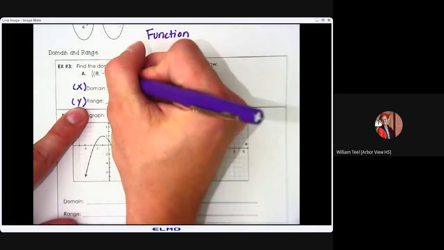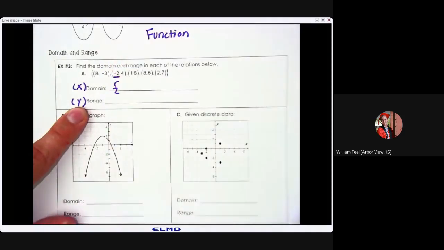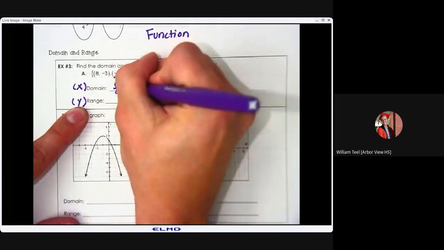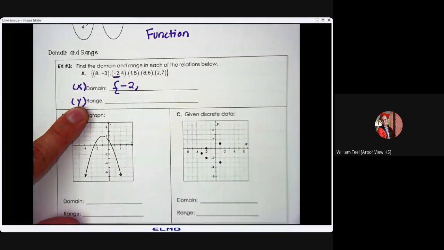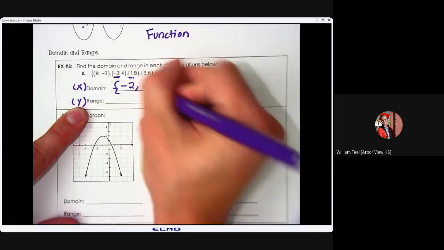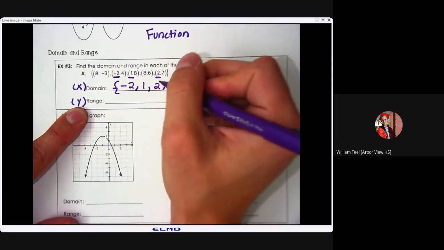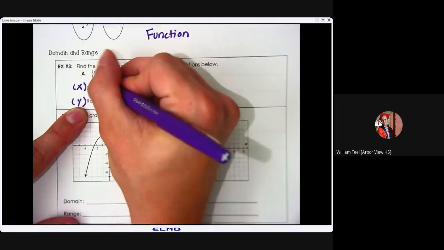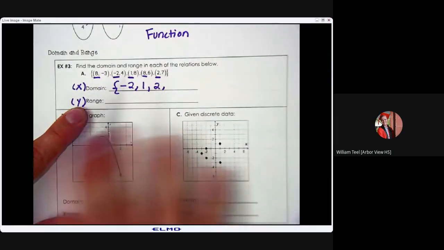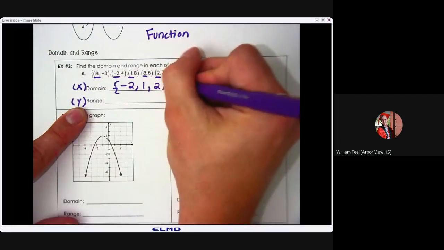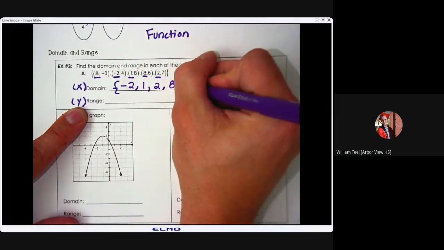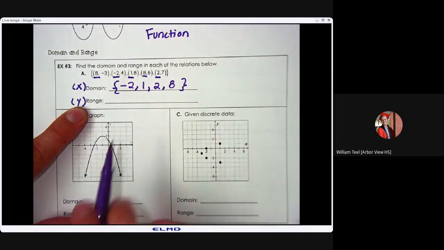Since I'm looking at just x values, -2 is my smallest x value. So I put -2. My next smallest x value is 1. So I put 1. Then I put 2. And then I have two 8s. Since 8 is represented two different times, I'm just going to put it once, because it's already included in the domain if I list it once.